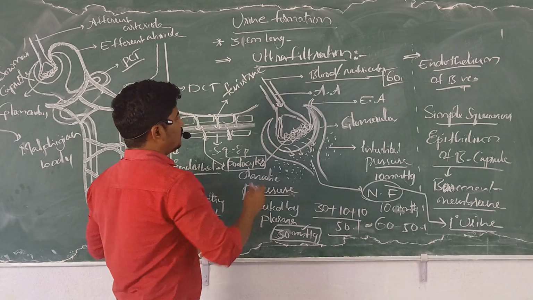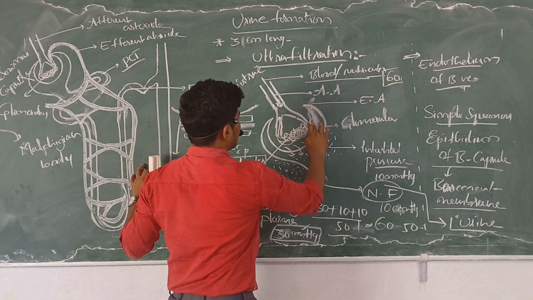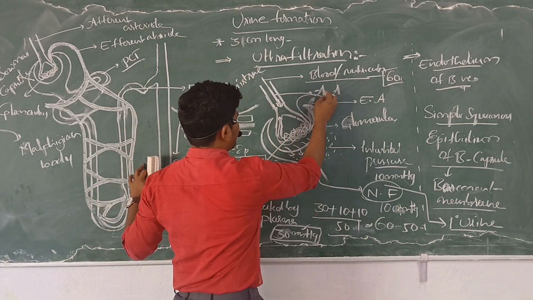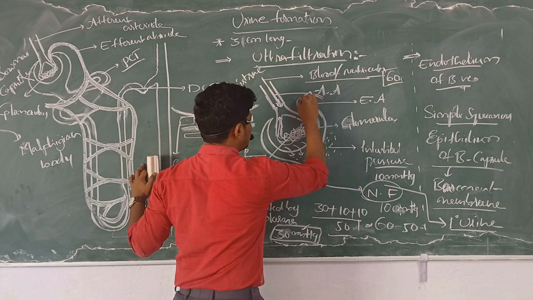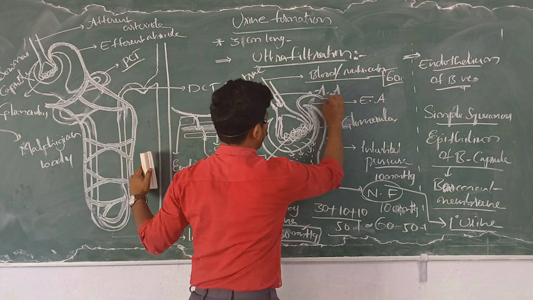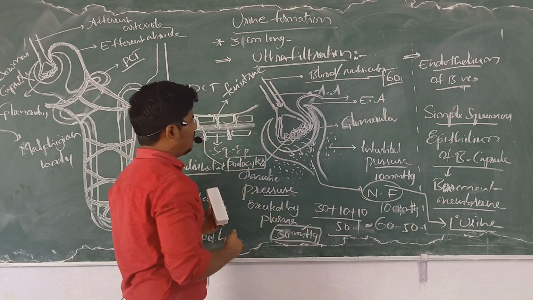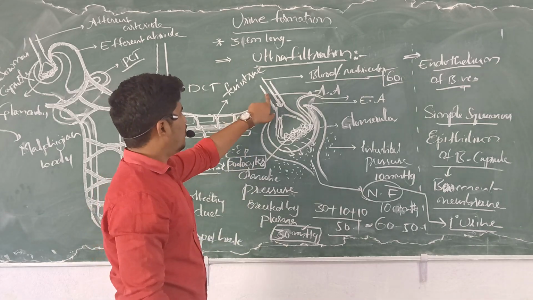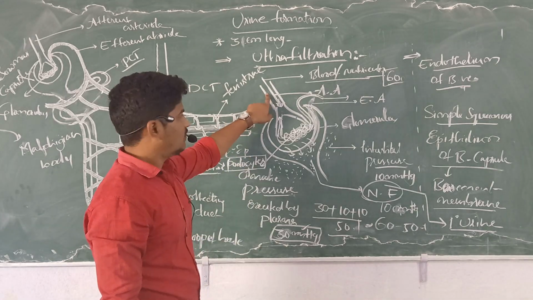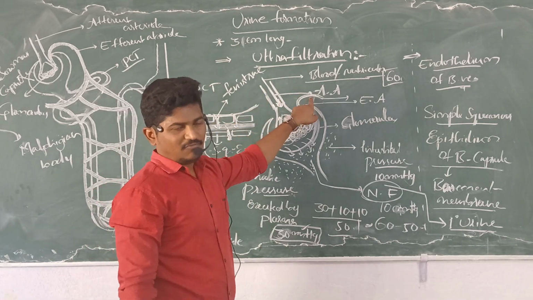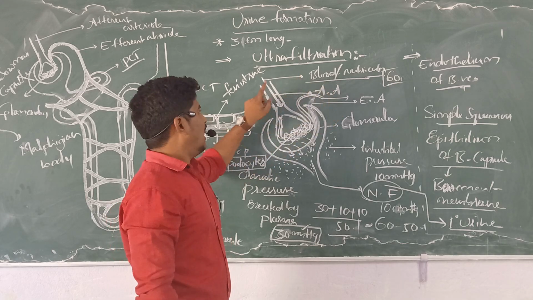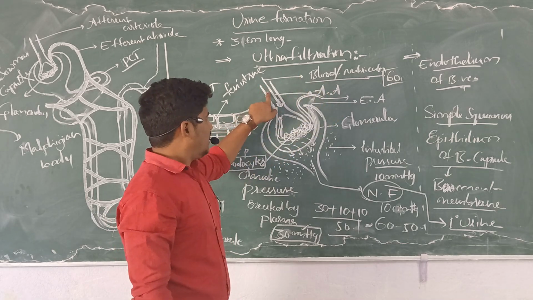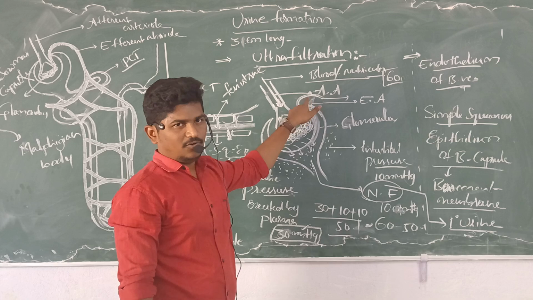And now we have to understand a simple thing here. The blood vessel, whenever it comes out here, this is what we call the efferent arteriole. If you see the lumen of this efferent arteriole, it is narrower than the afferent arteriole. Very important point to understand. Afferent arteriole is wider than efferent arteriole.